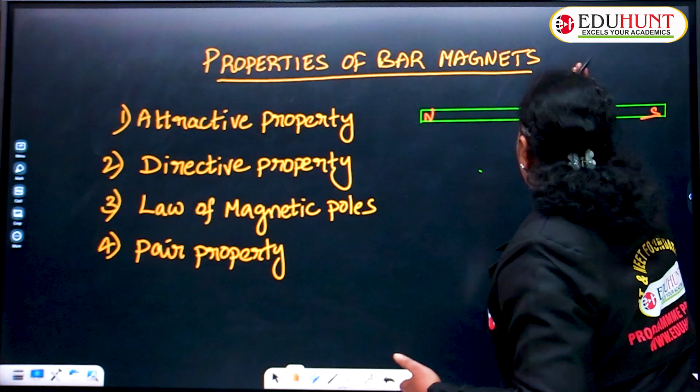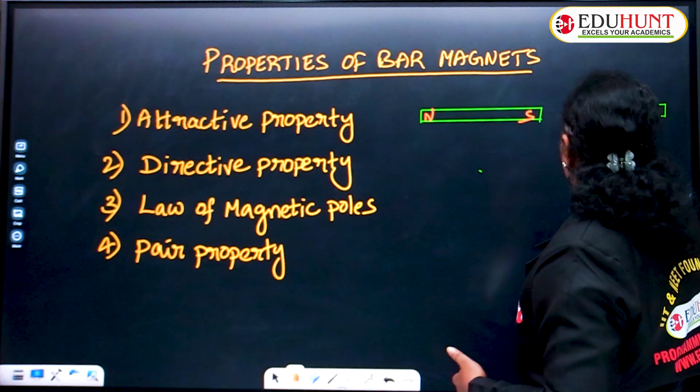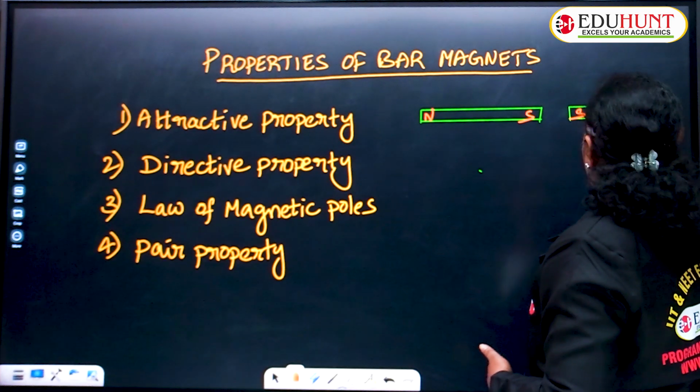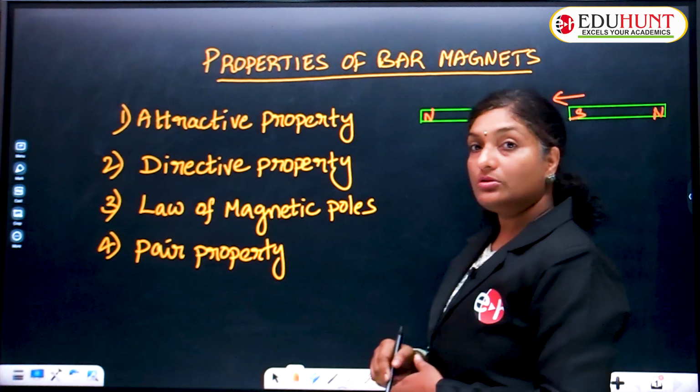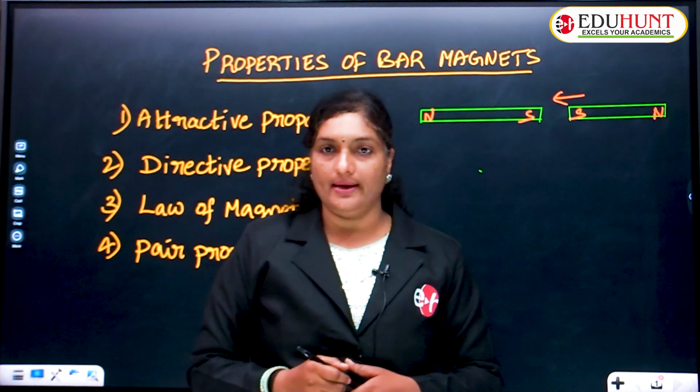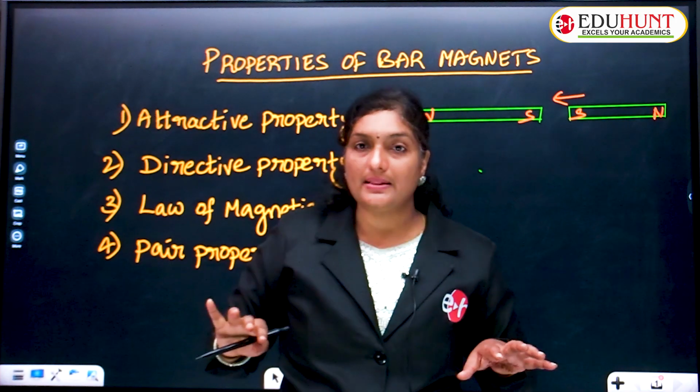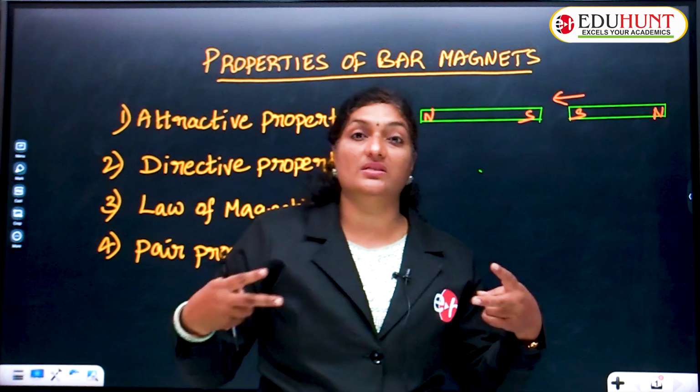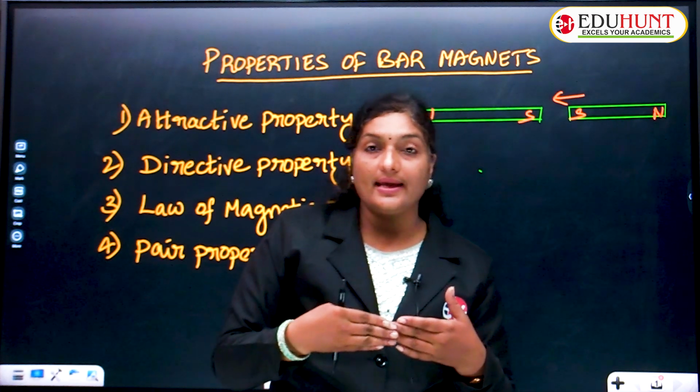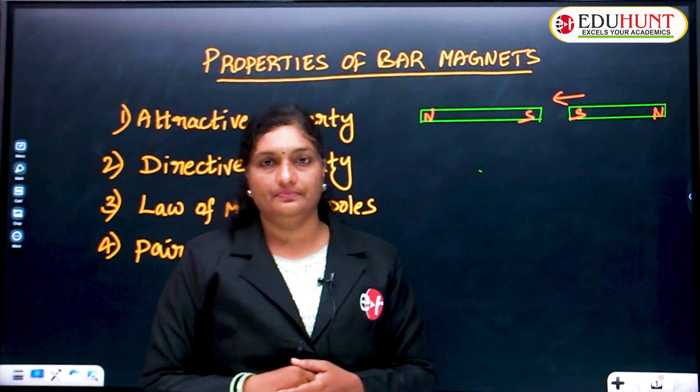Similarly, suppose a south pole is brought nearer to the south pole of another bar magnet, it repels it. Earlier it was attracting, in the latter case it is repulsing.